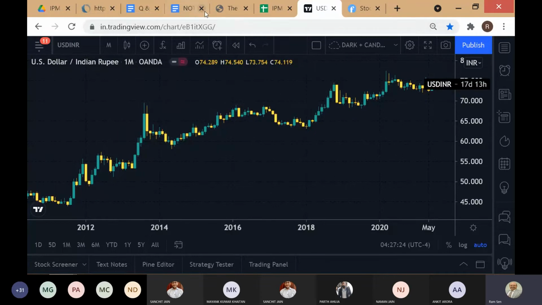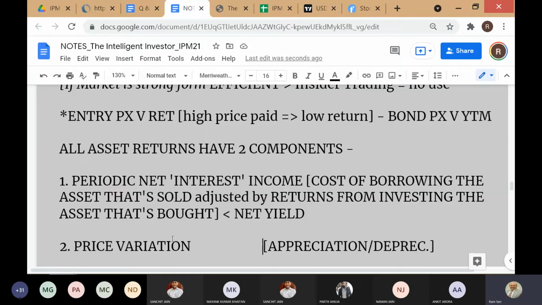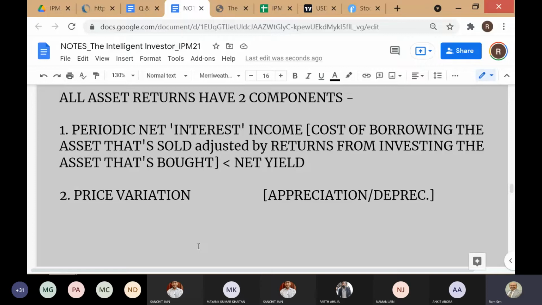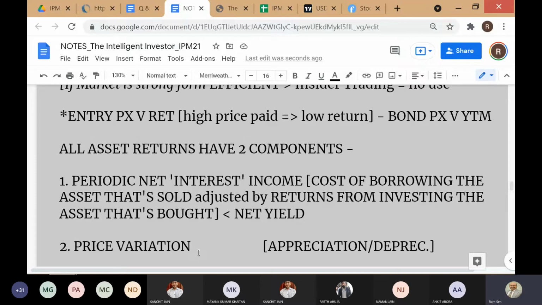So any investment that you make will have two components, and you should be able to recognize these two components in any kind of investment, whether you're investing in real estate, currencies, commodities, equities, debt, same structure. This is what we call studying according to general principles. So as far as possible, you always look at general principles so that you can apply them in many different contexts, and it's easier for you to understand and retain the concepts.